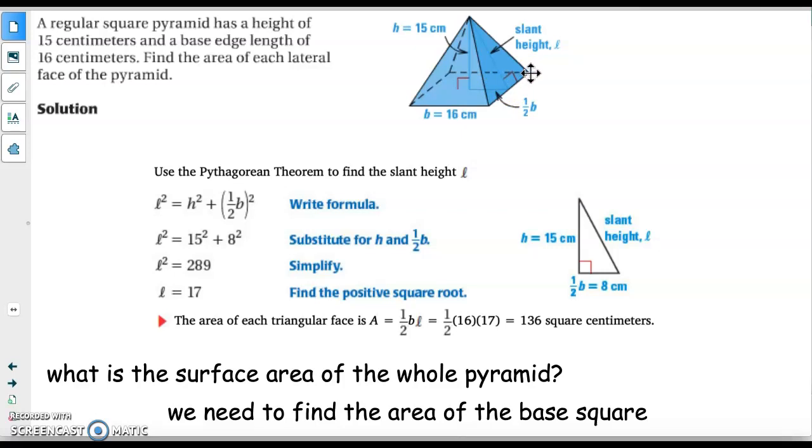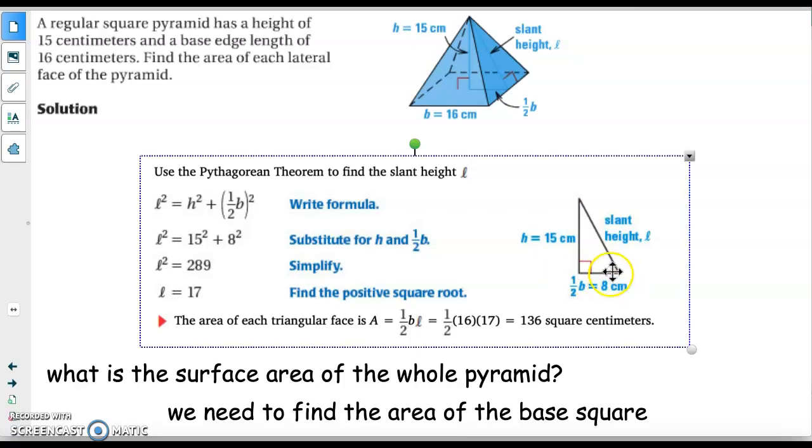So in order to do that, if we imagine just taking one of those triangles out of the pyramid, we need to figure out what this slant height distance is, using this right triangle. And if you look down below here, they've pulled it out for you, and you can see that the 15 centimeters is the height.